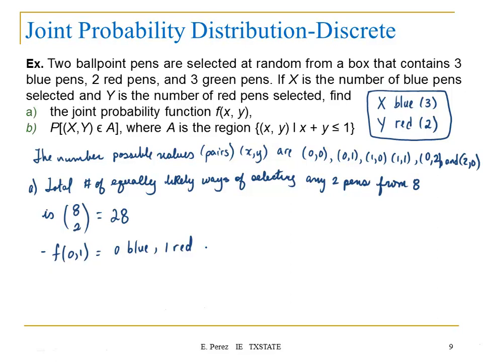So we have 0 blue, 1 red, and 1 green. So the number of ways of selecting 1 red and 1 green, how can you compute that?